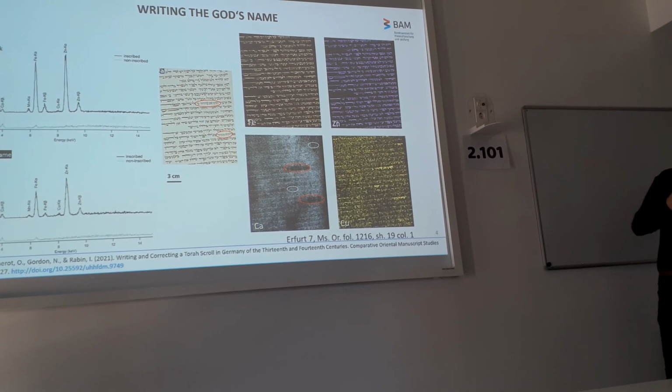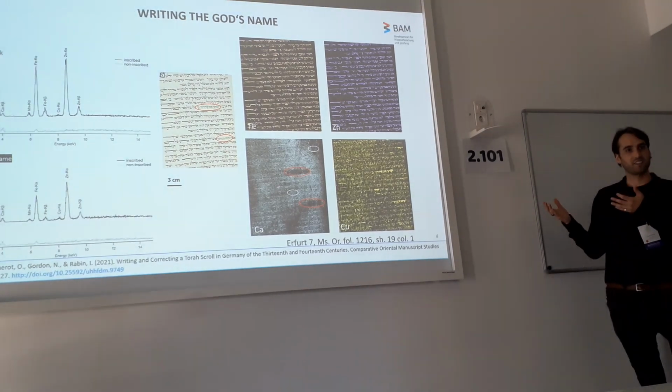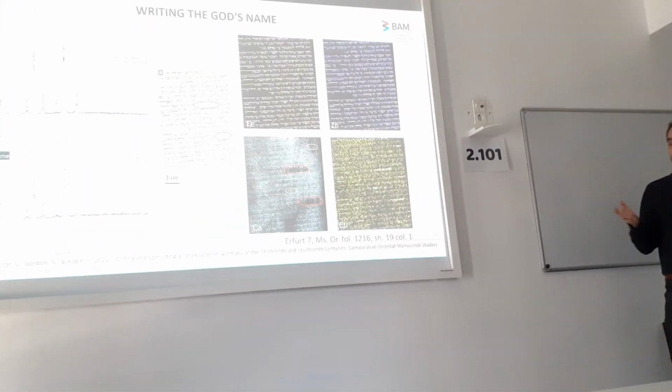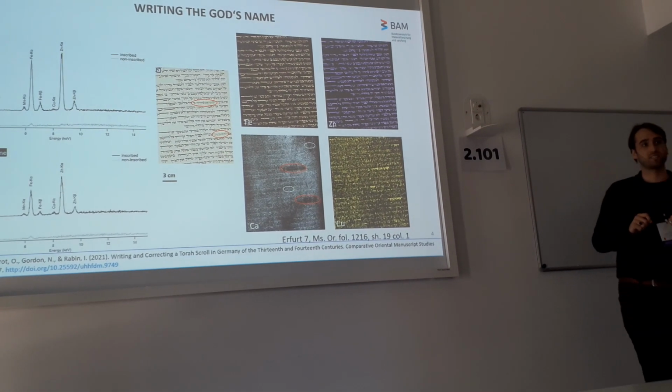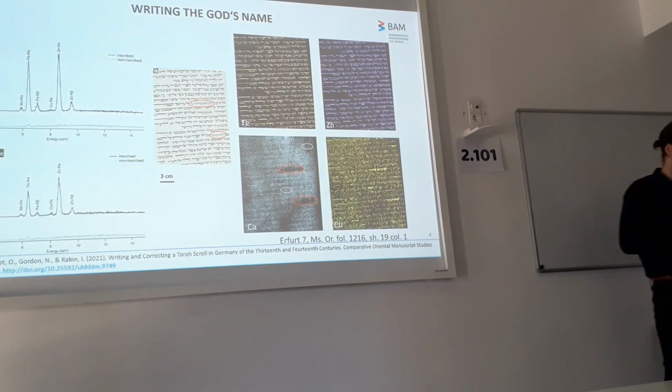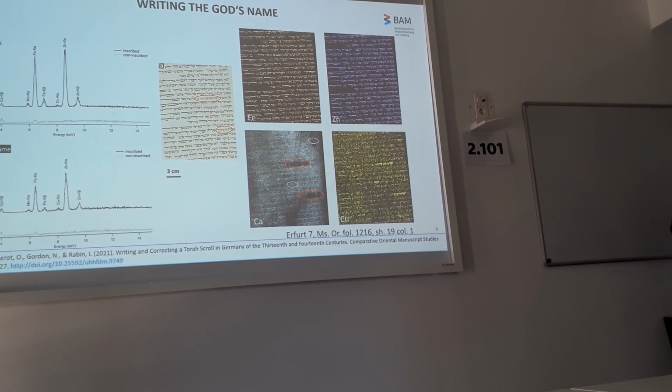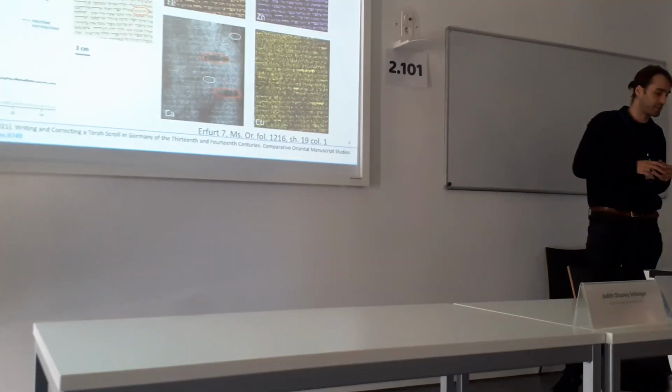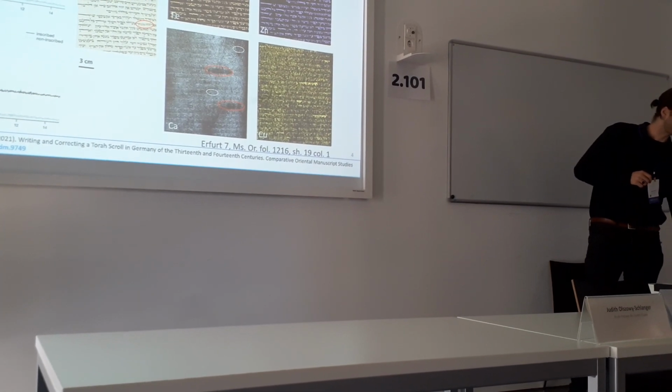Our hypothesis, it was Master Scribe who was correcting the scroll, and while correcting the scroll, also filling the missing names of God. In this case, clear example that those were added.